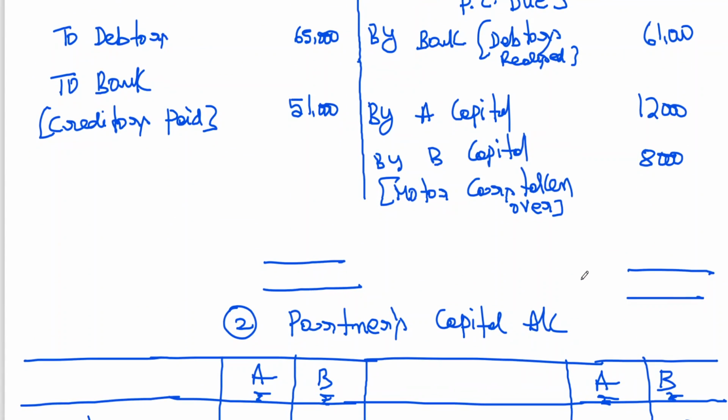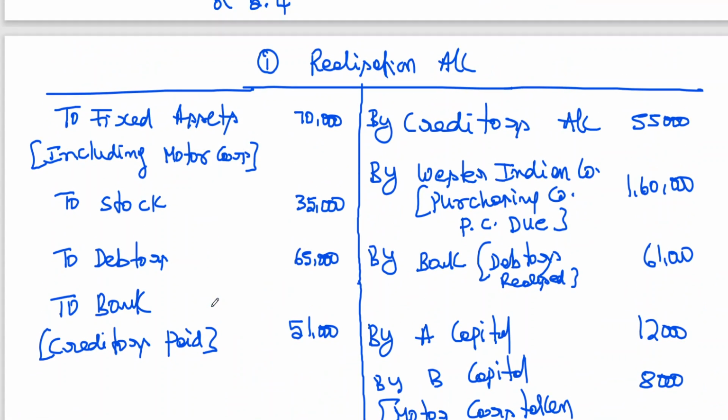It is coming to 2,96,000. 2,96,000 minus 70,000 minus 35,000 minus 65,000 minus 51,000. We are getting a profit of 75,000.